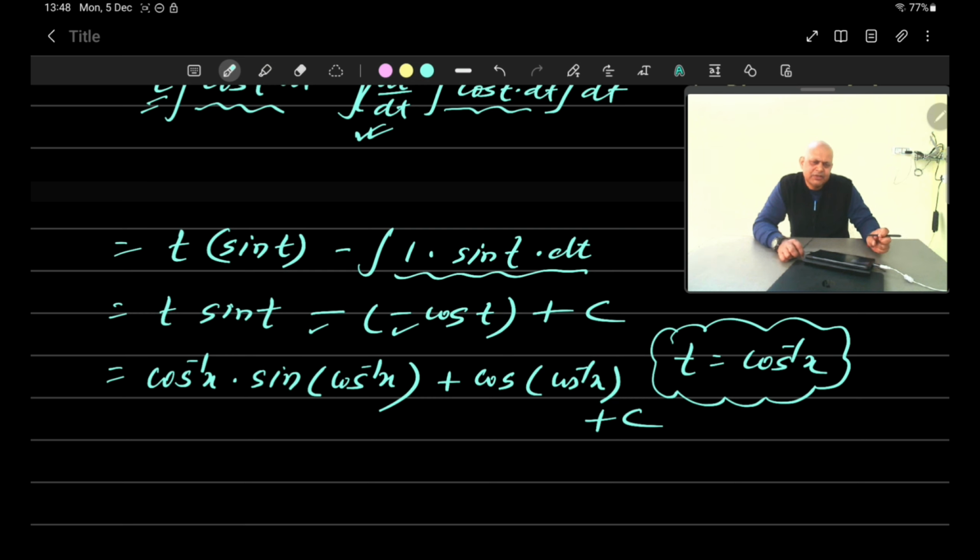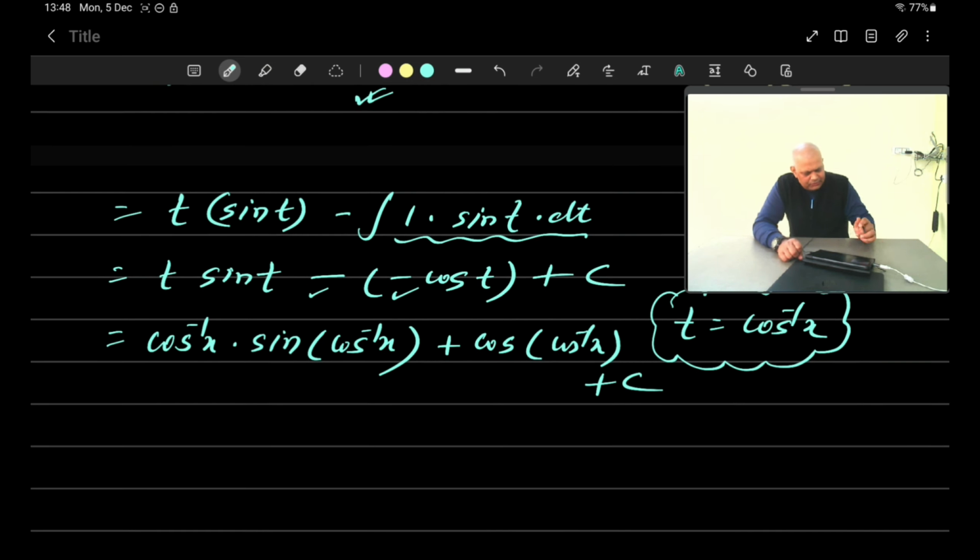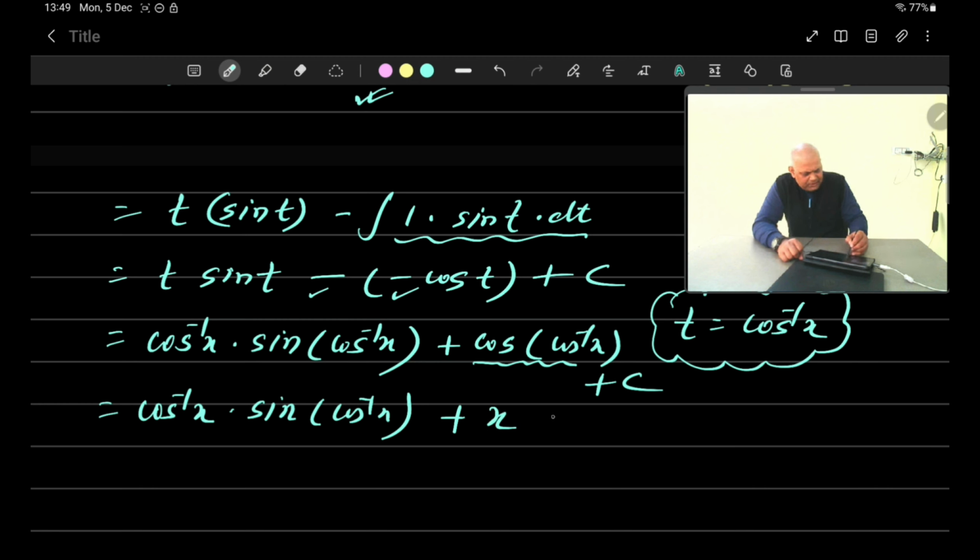Now this can be converted this way: cos inverse x times sine of cos inverse x plus cos of cos inverse x. This cos and cos inverse are reciprocal to each other, so the answer will be plus x plus c.